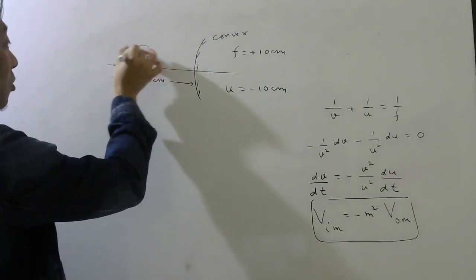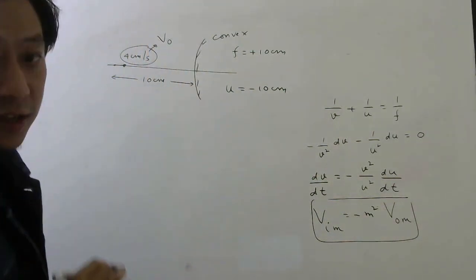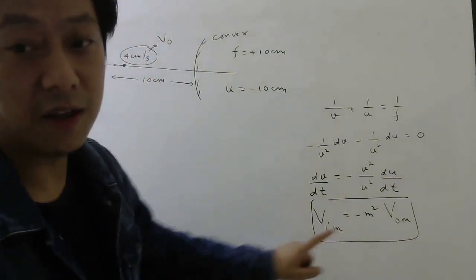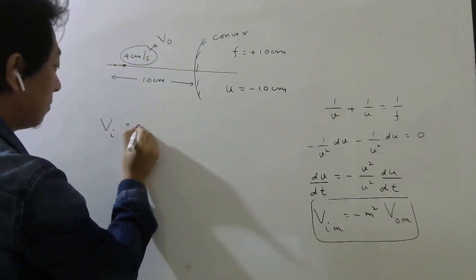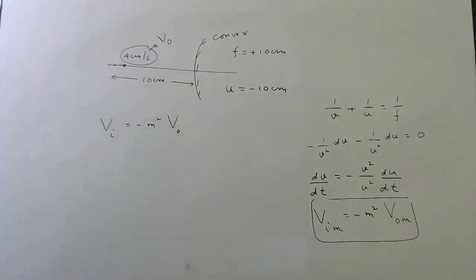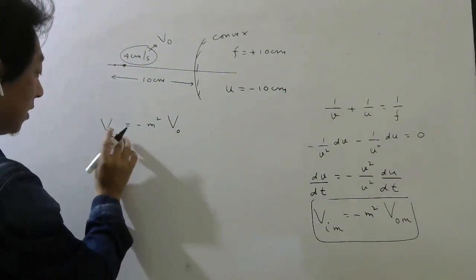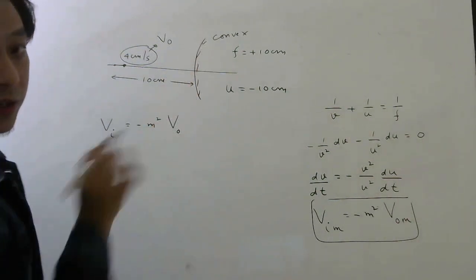So this is your what velocity? Object velocity. Since mirror is at rest, no need to worry about this m here. So image velocity will be minus m square times object velocity. I am not writing m here because mirror is at rest. Correct? Mirror is not moving in the question.